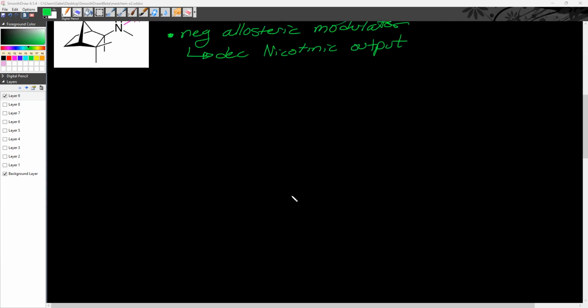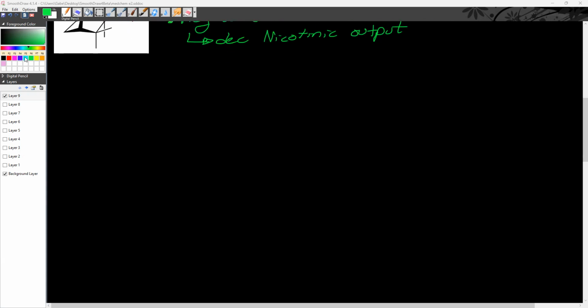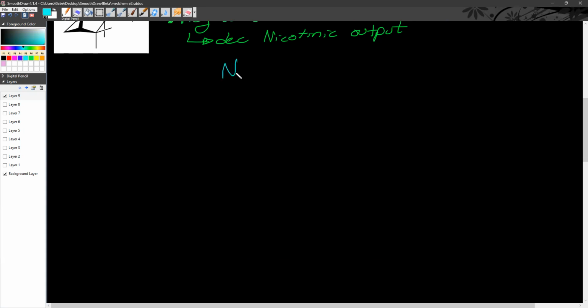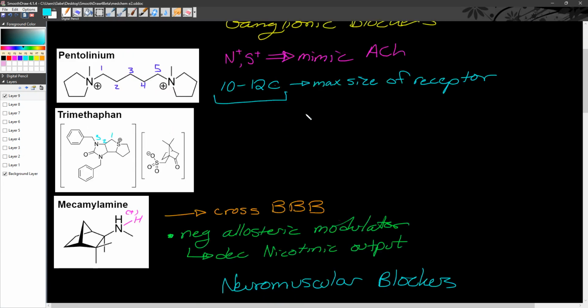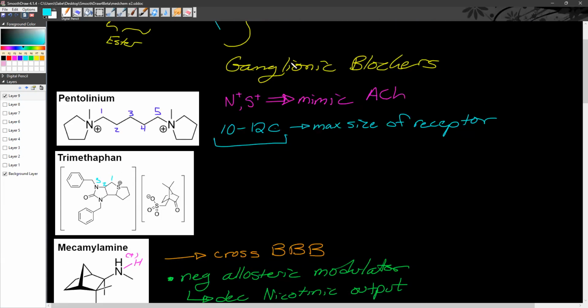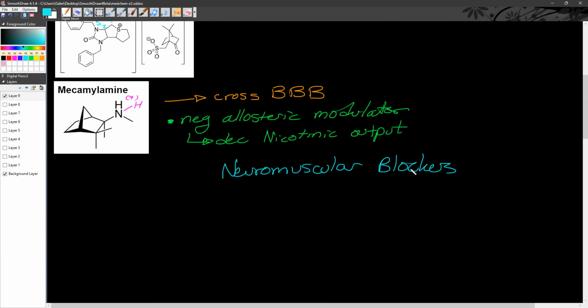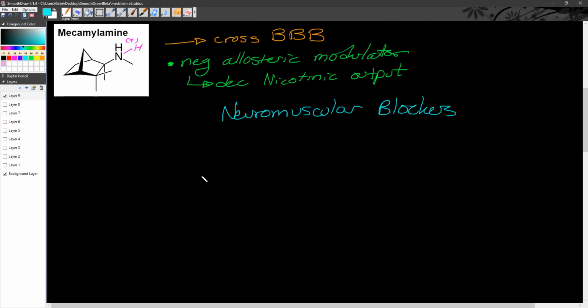All right. The next ones that we're going to talk about are the neuromuscular blockers. While these ganglionic blockers function where the two neurons come together, the neuromuscular blockers act at the synapse between the neuron and the muscle.